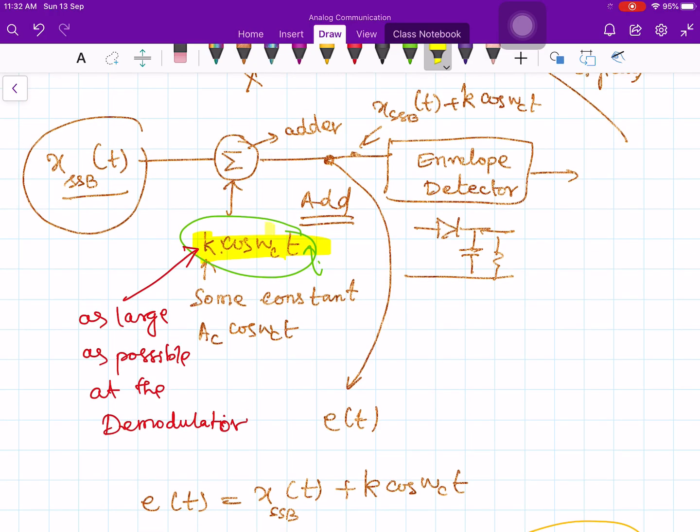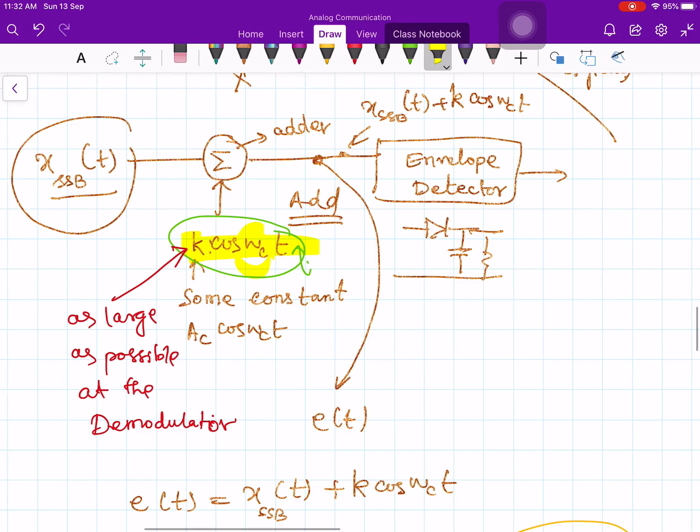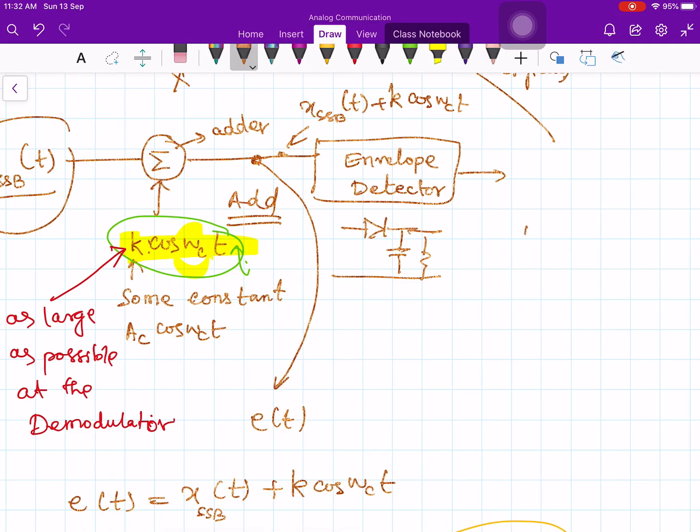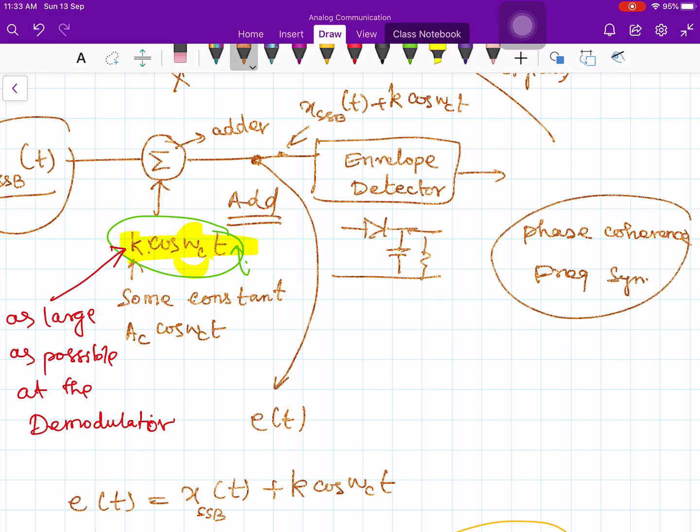Even in this method, we need phase coherence and frequency synchronization. In the previous method also we need phase coherence and frequency synchronization. Then you can ask a question, why are we using this rather than the first method?